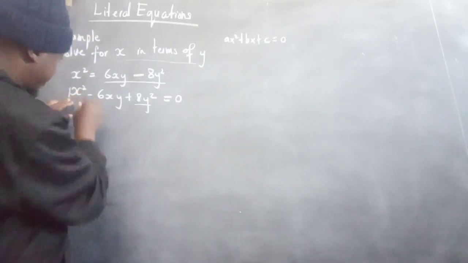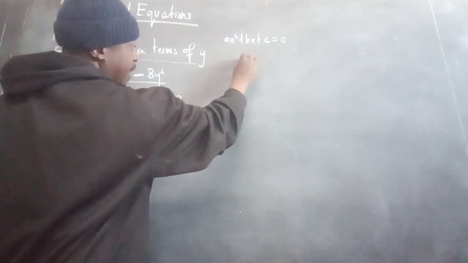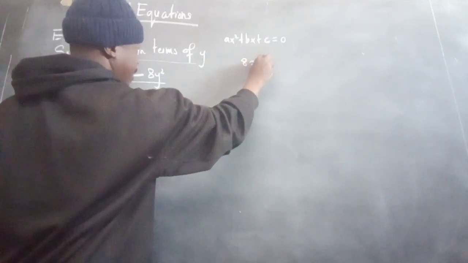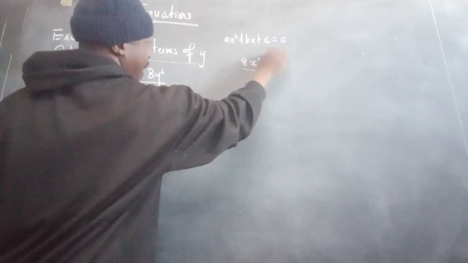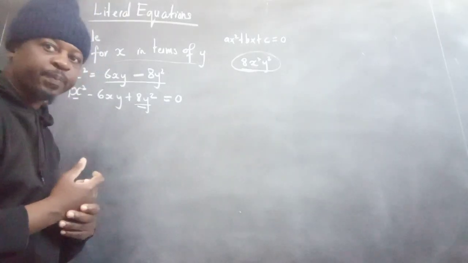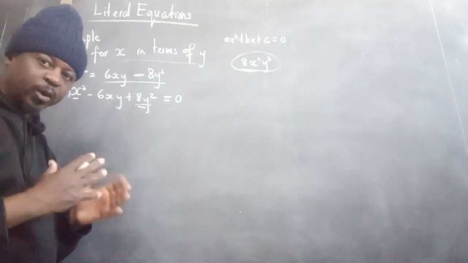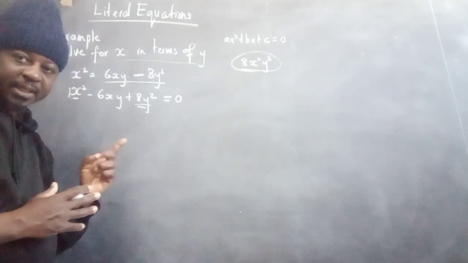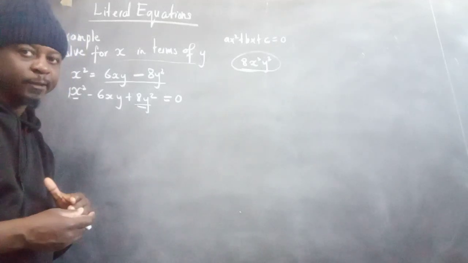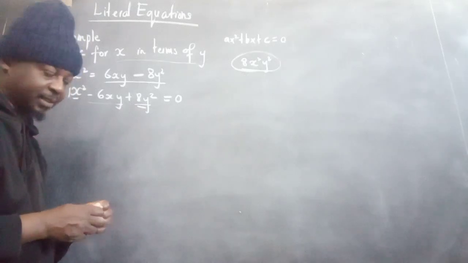So this expression and this expression multiplied, I'm going to have 8x squared y squared. Now I have to find the factors of 8 which, when I multiply, give me 8, but which, when I add them, give me the number in the middle here, which is a negative 6.